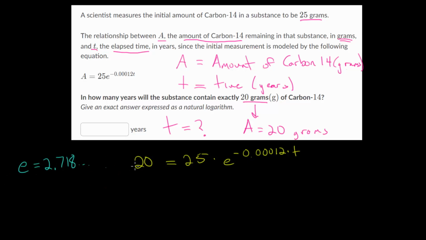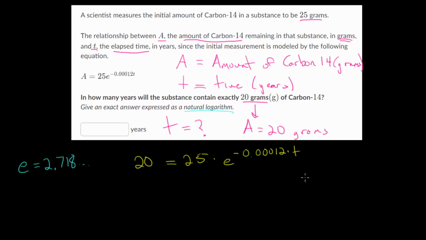It's an irrational number, just like pi, but it is the base of the natural logarithm, so it shows up a lot when dealing with exponential growth. So this is just a number here. It's not a variable like T or A.